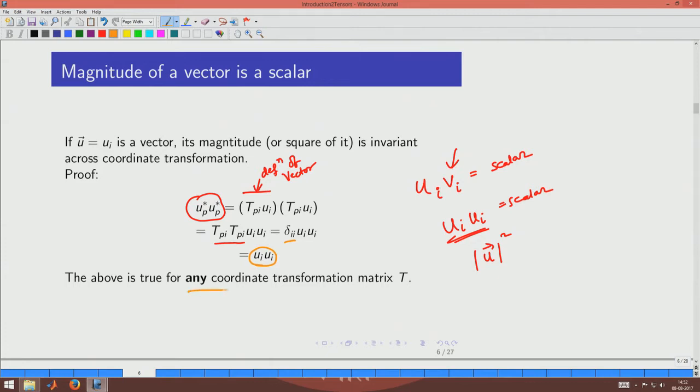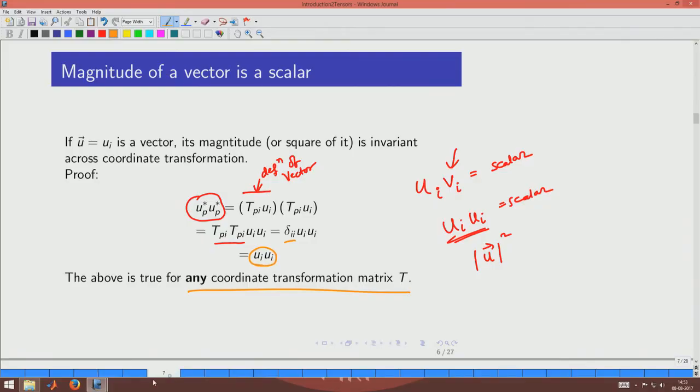So, this is for any coordinate system transformation matrix T. So, this shows you that whenever you have a functional form for a vector, if you can take some scalar quantities out by using the dot products, then we know that those expressions will not change when the coordinate system changes. This has been used in some theorems which we will come to later on in this course.